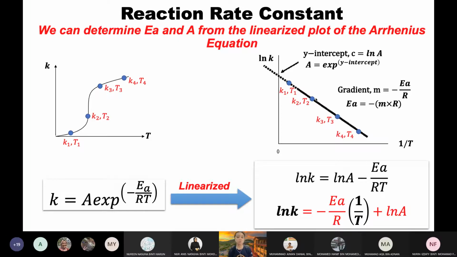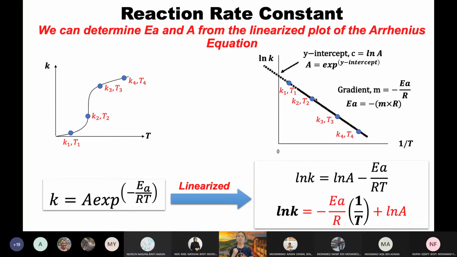Regardless kamu tukar suhu ke, kamu tukar tekanan ke, nilai EA dan A akan sama untuk tindak balas itu. Kalau kamu tukar tindak balas, then yes, nilai EA dan A akan berubah. Tapi kalau tindak balas adalah sama, kamu naikkan suhu, kurangkan suhu, EA and A will never change because it's specific to the reaction. Yang akan berubah hanya nilai K untuk tindak balas itu.